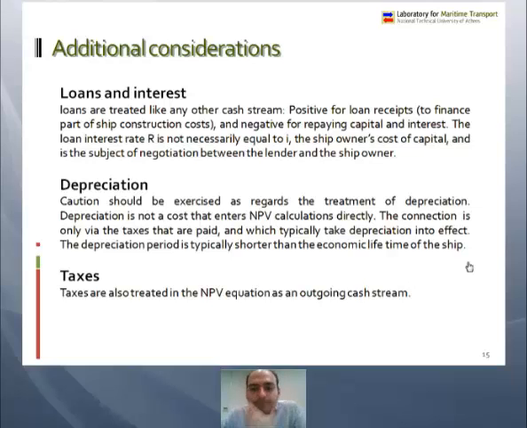A very important parameter is that the loan interest rate is not necessarily equal to I. The I is the one that we use in the net present value, because the ship owner's cost of capital is subject to negotiation between the lender and the ship owner.